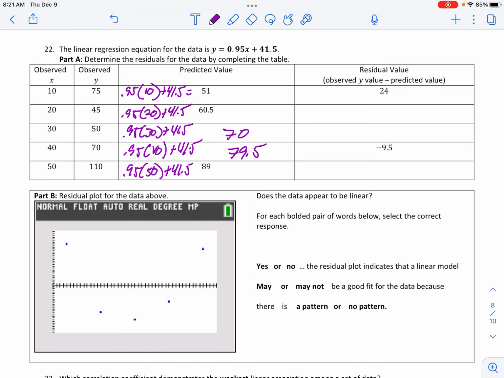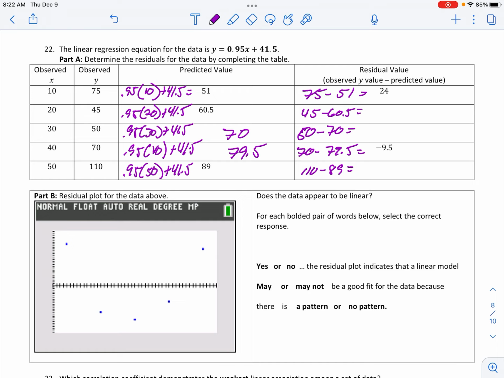Now, to calculate the residual, it's the observed Y, 75, minus the predicted. That 75 minus 51 is 24. So for this row, observed minus predicted, observed minus predicted, observed, which is 70, minus predicted, observed minus predicted.